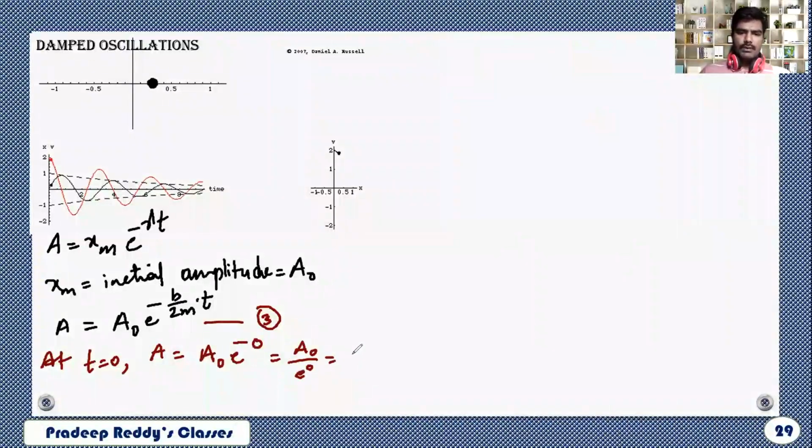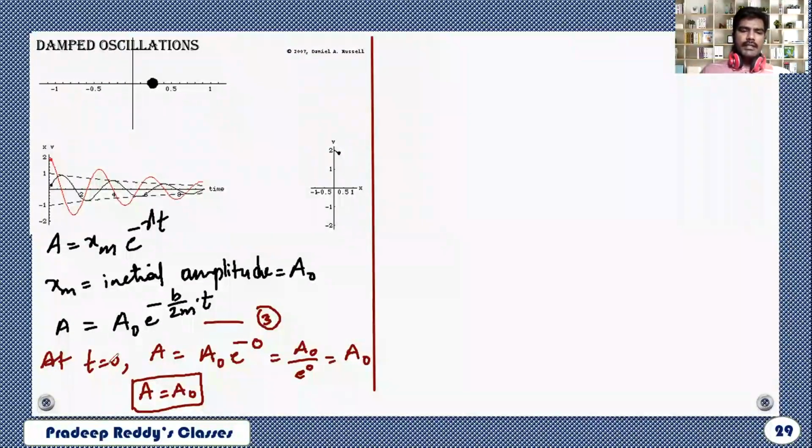E power 0 is equal to 1, so that is equal to a naught. So A is equal to a naught initially. That means when the oscillations are started, it is starting with amplitude A is equal to a naught. So in this example you can take amplitude a naught is equal to 1 meter.